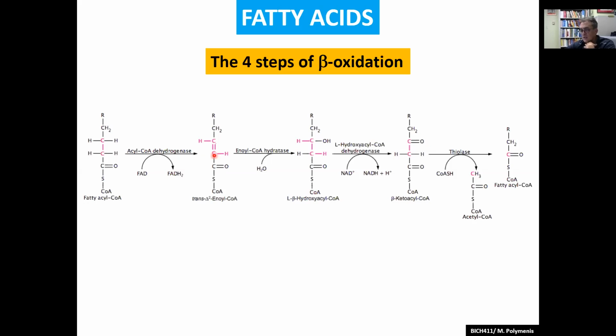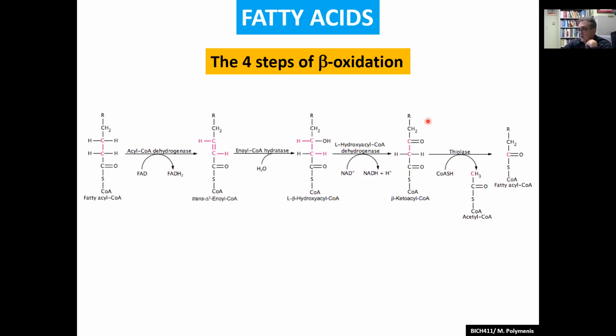First, you make a double bond. You bring in a dehydrogenase, you make a double bond, then you hydrate, you just add water, and then you put a hydroxy group on the beta carbon. So you hydroxylate the beta carbon, and then you oxidize that hydroxy group to a keto group with a straightforward NAD dehydrogenase.